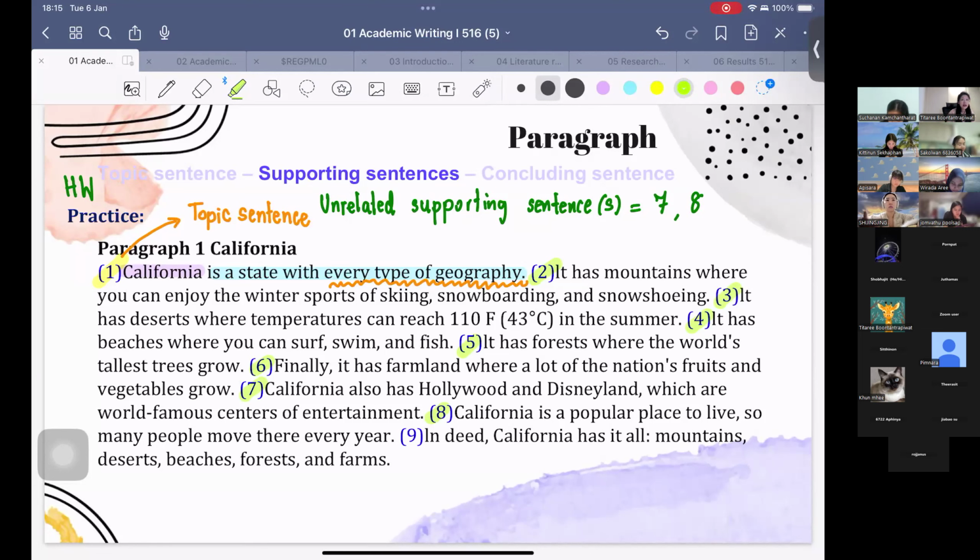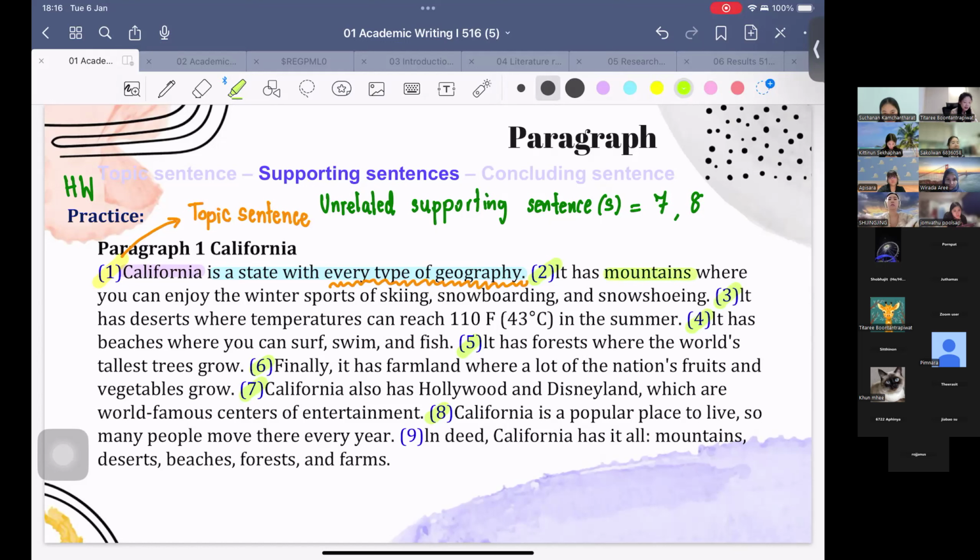And if we keep reading, you're going to see that sentence 2 says there are mountains where you can enjoy winters. So one of the types of geography is the land type, the different types of land or environment. The first one would be the mountain area.